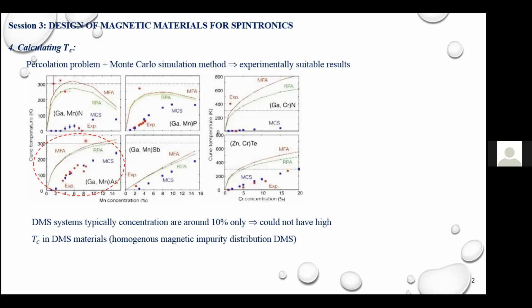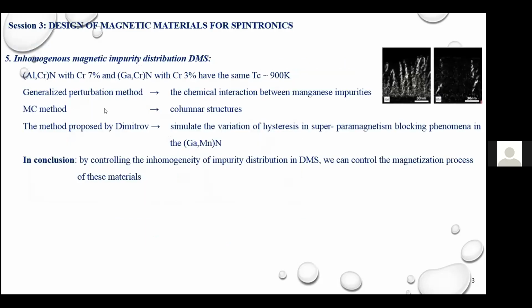The DMS system here has just a homogeneous magnetic impurity distribution. Now we look at the inhomogeneous magnetic impurity distribution, EMS, and this kind of DMS we already have in real life.